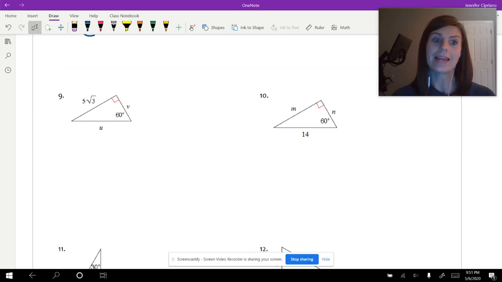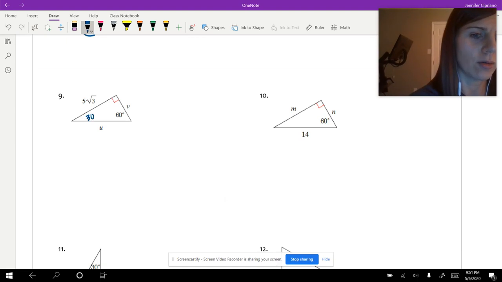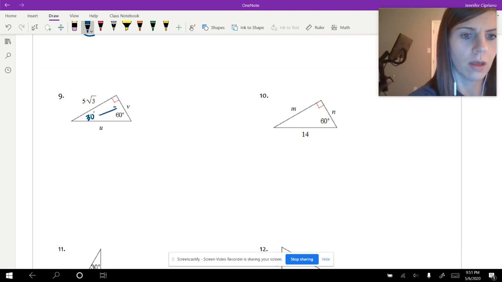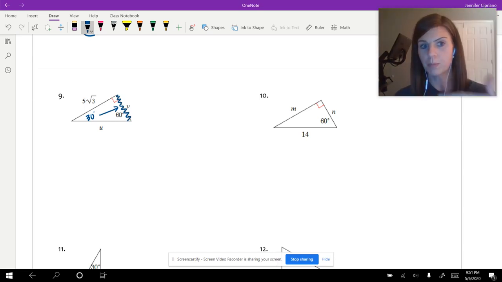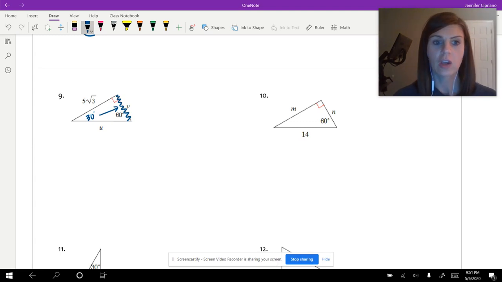All right, so in number 9, the 60-degree angle is labeled for us. That makes this angle here the 30-degree angle, which makes V our short leg. So we need to figure that out first before we figure out our hypotenuse. So we have the long leg, 5 root 3.